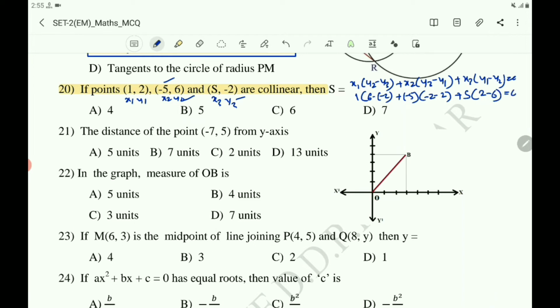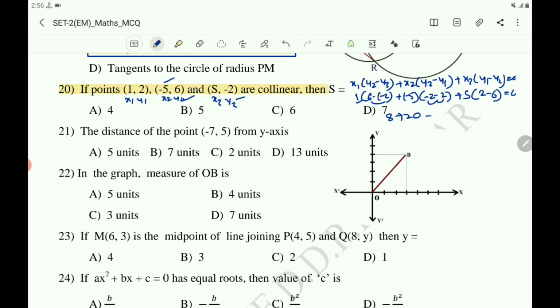Then here 6 plus 2 is 8, into 1 is 8 only. Then minus 2 into minus 2 is minus 4. Minus 4 into minus 5 is plus 20. And plus S, here you get 2 minus 6 is minus 4.